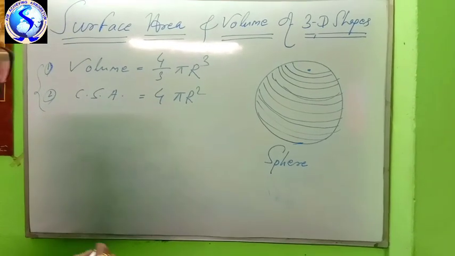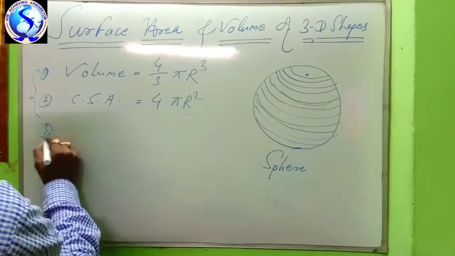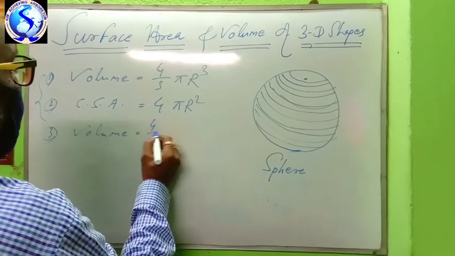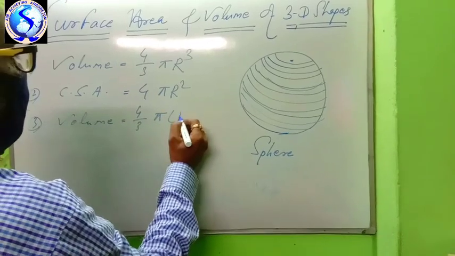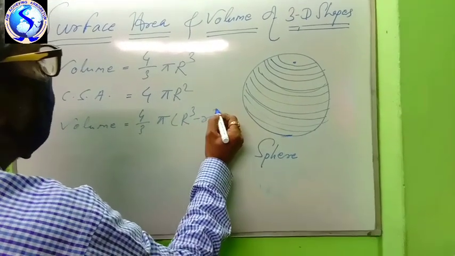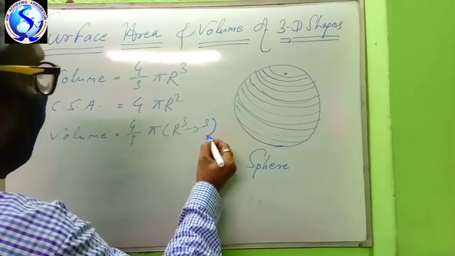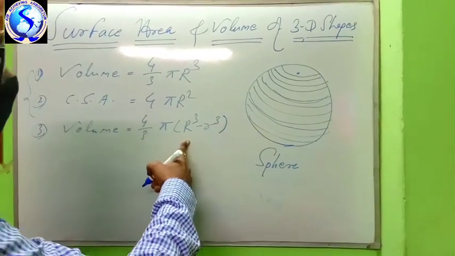But in case of a hollow sphere, the volume will be 4 by 3 pi R cube minus r cube. This is the outer radius, this one is the inner radius. Outer is capital R, inner radius is small r.